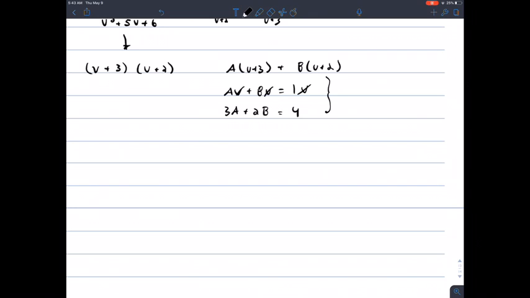I can already see it: A is equal to 2 and B is equal to -1.